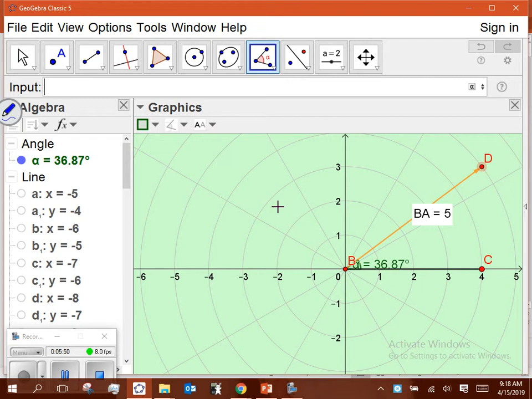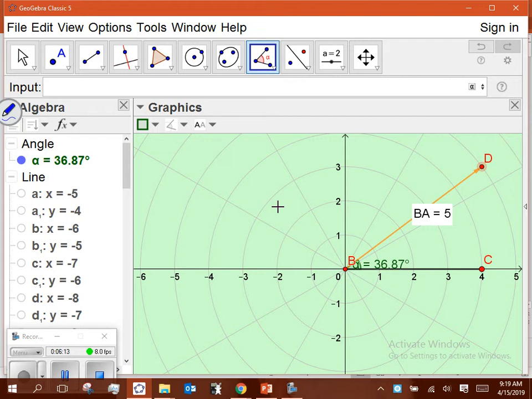Okay, it's that point. We can either go to the right 3 and then up 4, which is traveling how many units? I'll move to the right 3 and then up 4, that's 7 units, right? Or I can go from B straight to D by traveling 5 units at a 36.87 degree angle.